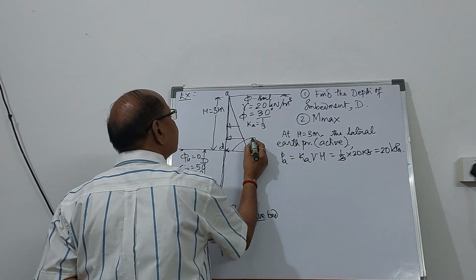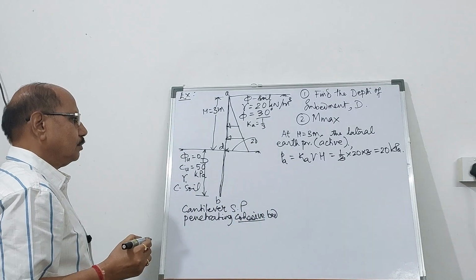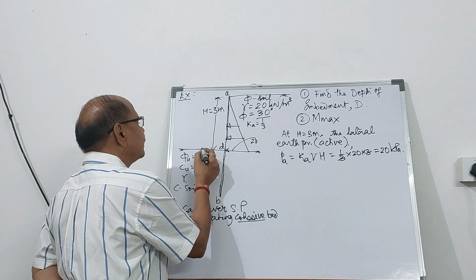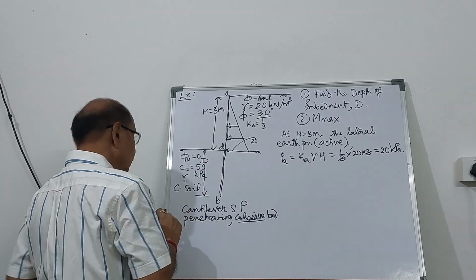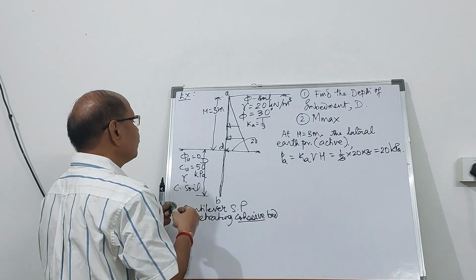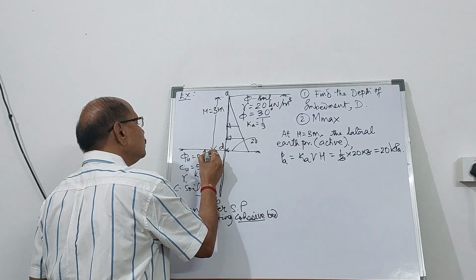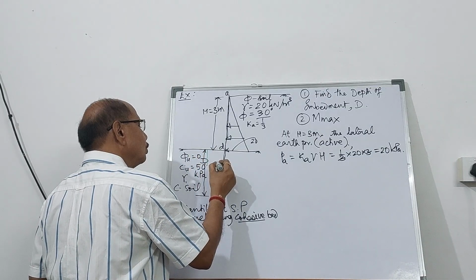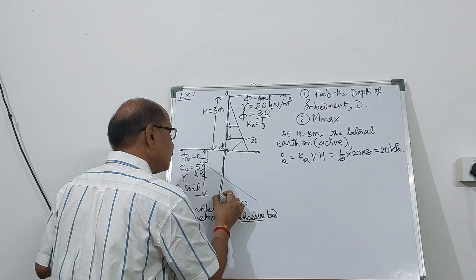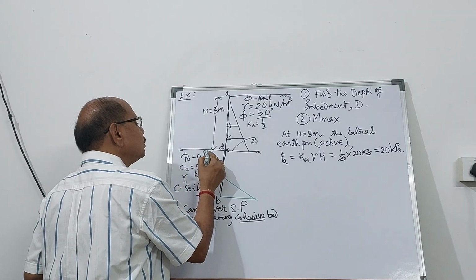So this pressure is going to be 20 kilopascal. Now, the pressure at this location is known to you. It will go like this, and finally it will go like this.